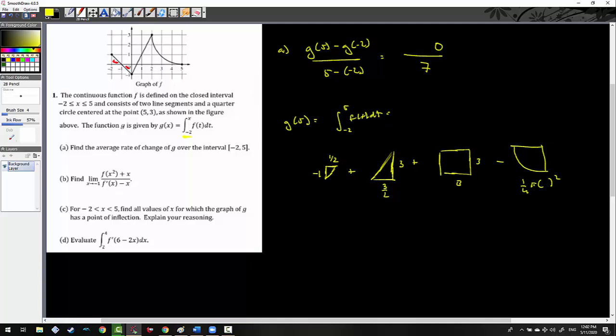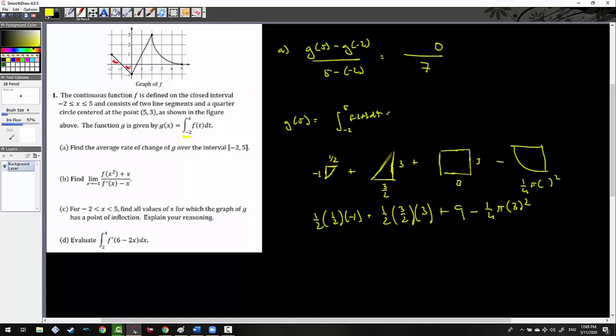So what I'm going to do is I'm going to say 1/2 base times height plus 1/2 base times height plus 9 minus 1/4 pi, and the radius is 3, so 3 squared.